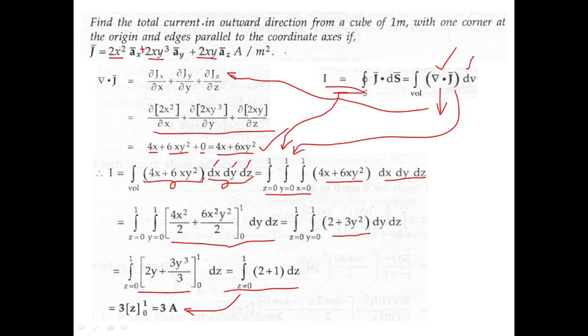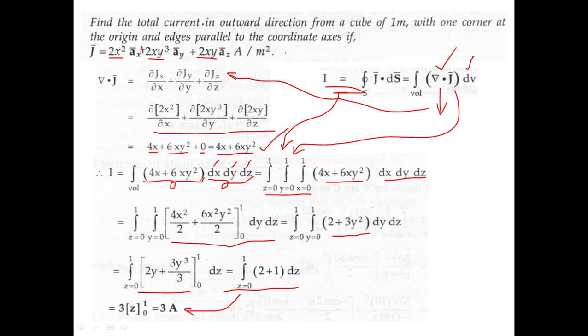Here we have discussed only the Cartesian coordinate system. So for any coordinate system, if it is asked, you should be knowing that. What all things you have to know here is, we need to know how to calculate the divergence of j vector for the given coordinate system, and we need to know what is dv for the respective coordinate system.